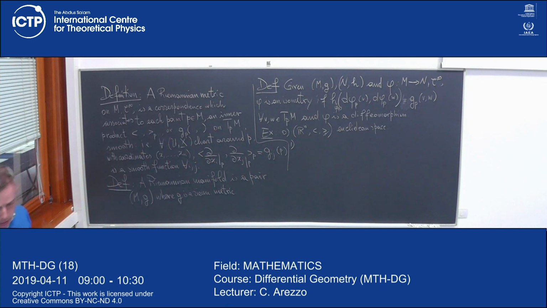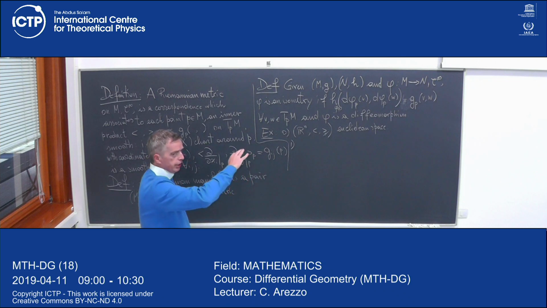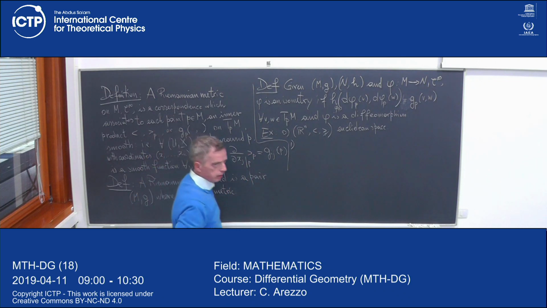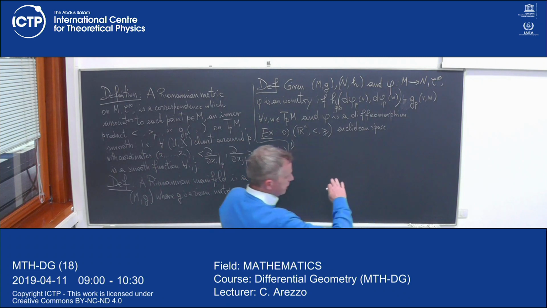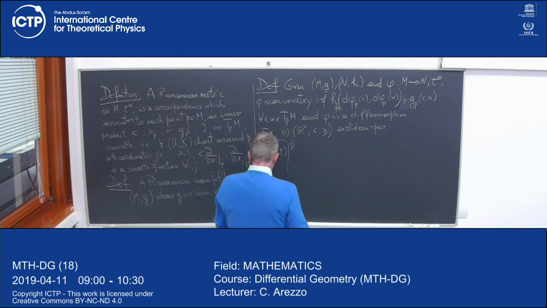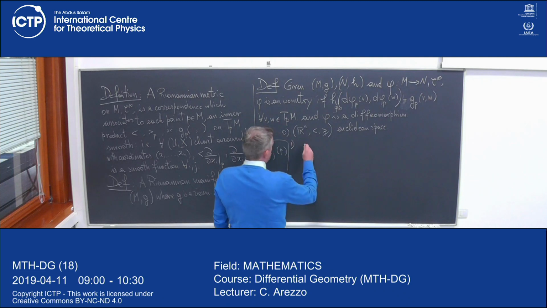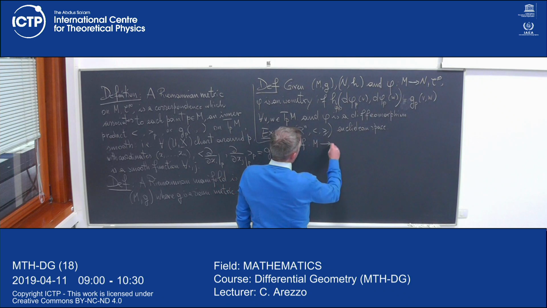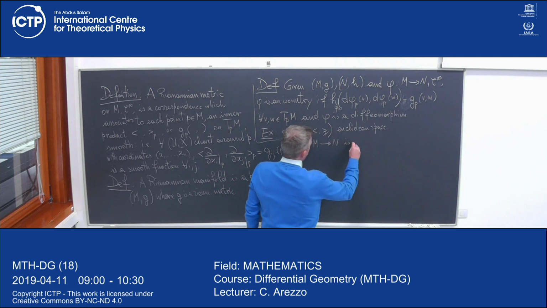Very important and interesting class of examples. Riemannian metrics pass to subsets. Okay, so of course, as long as the subset is sufficiently nice to have a tangent space. So what do I mean by that? If we take an immersion, in fact more generally, so suppose f from M to N is an immersion.